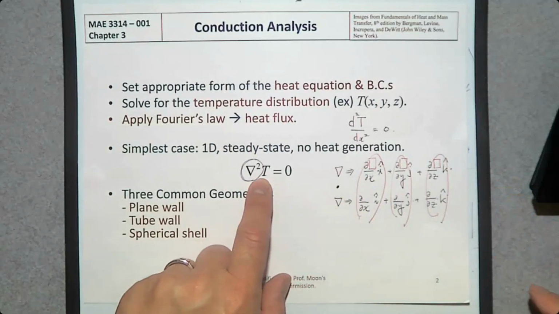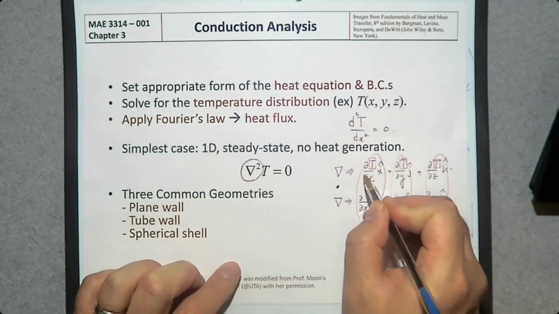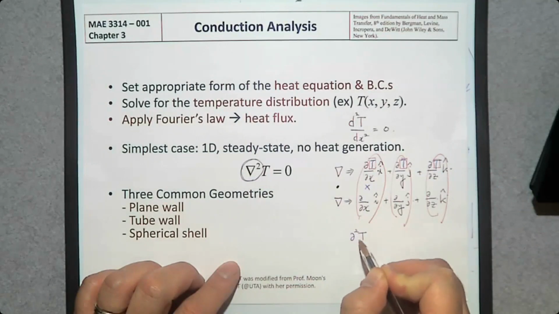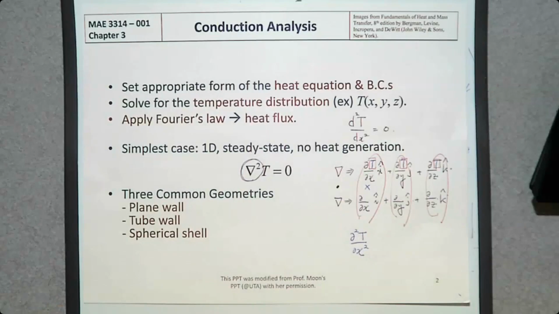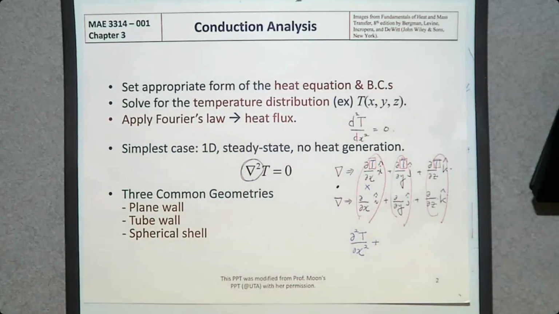Since we have T, we can add T here, and this one multiplied by this one. What is it? Partial squared T over partial x squared. What is i times i? 1. So there's nothing after. Plus partial T over partial y times partial over partial y.